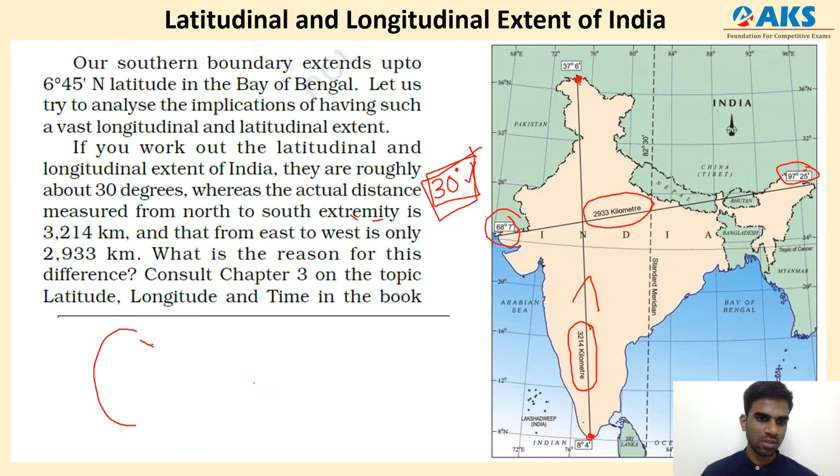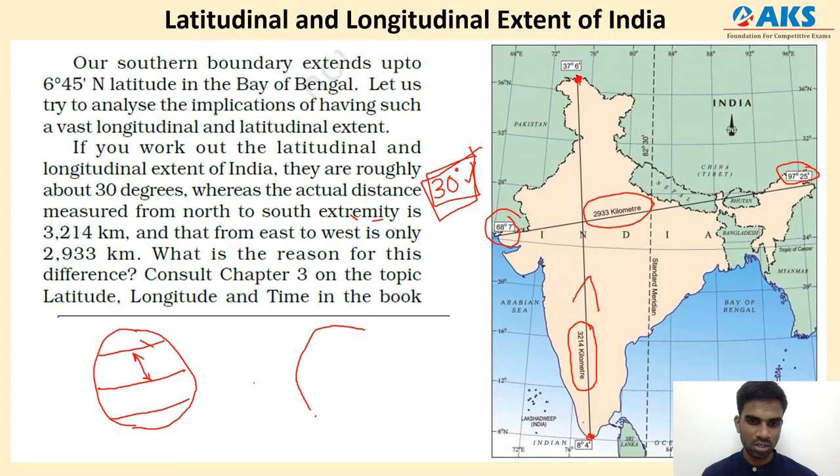This is because we know that the latitudes are parallel lines. The distance between two latitudes remains the same as they are parallel lines, but the longitudes are not parallel lines. All the longitudes converge at the poles.